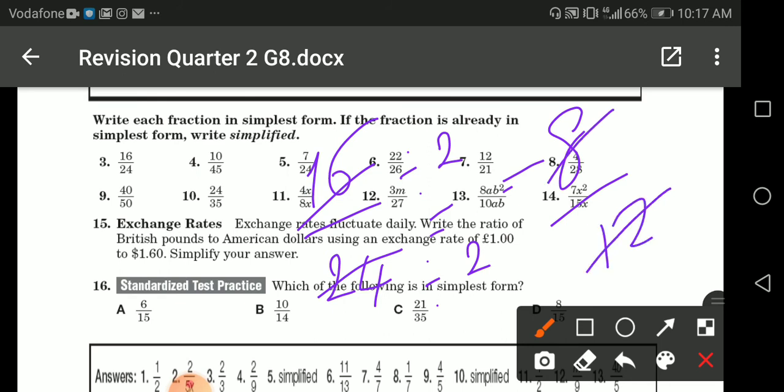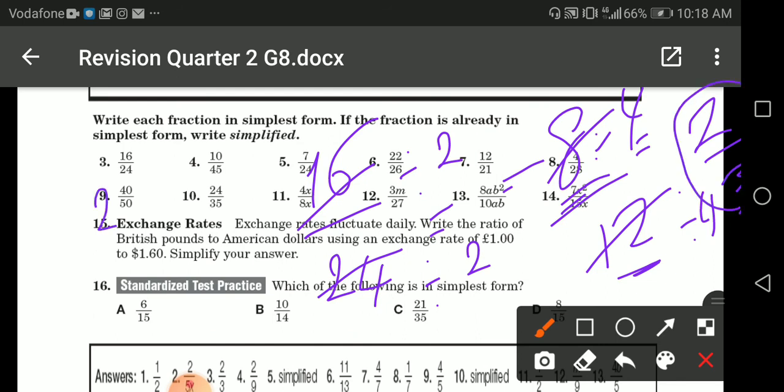I can simplify or divide it by 4 or 2. If by 4, 8 divided by 4 gives me 2, and 12 divided by 4 gives me 3. What I do in the denominator, I do it for the numerator. So the answer will be 2 over 3.